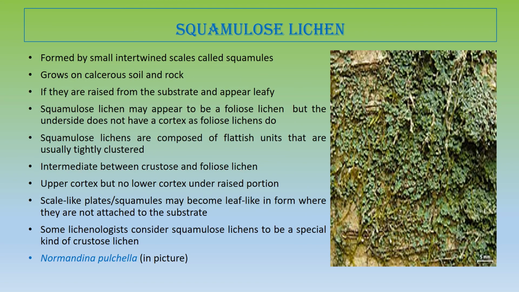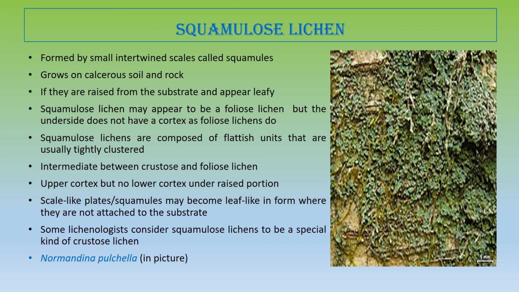Squamulose lichen, as the name suggests, looks like the scales of fishes. The thallus looks like the scales of fishes intertwined on each other. This squamulose lichen grows on both soil as well as rock.